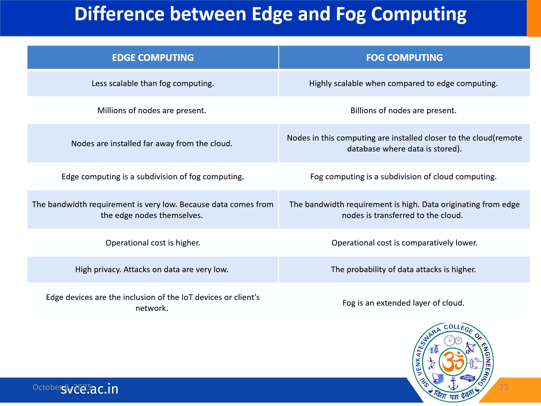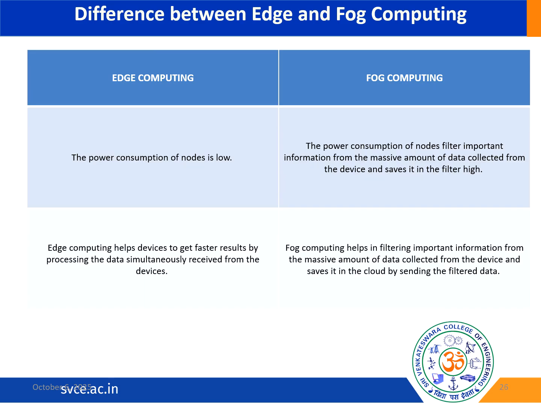In edge computing, edge devices include IoT devices or the client's network, and fog is an extended layer of the cloud. Moving on to power consumption, in edge computing the power consumption is low, and in fog computing the power consumption of nodes is high, since they filter important information from the massive amount of data collected from the devices and save it. That type of activity is done in fog computing.